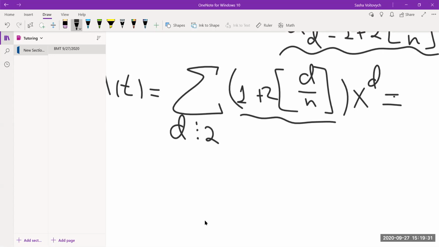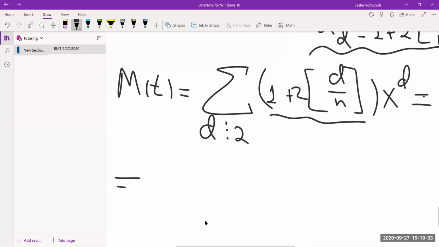So our generating function looks as follows. For D from 0 to n, this value is just equal to 0, since floor of D over n is equal to 0, and this expression is equal to 1. So we get 1 times x to the power of 0.